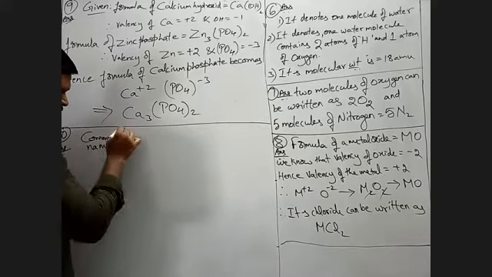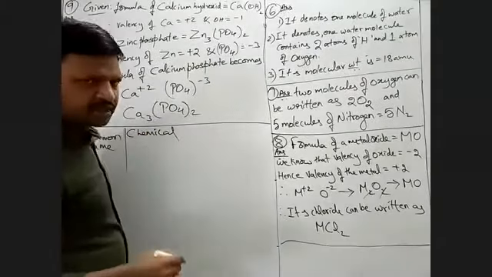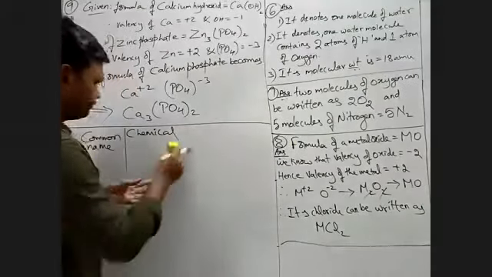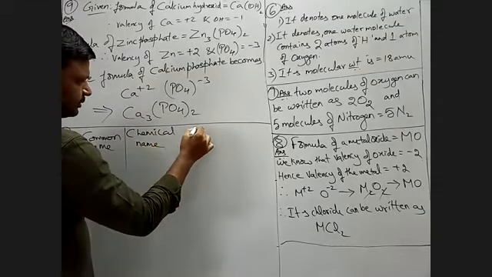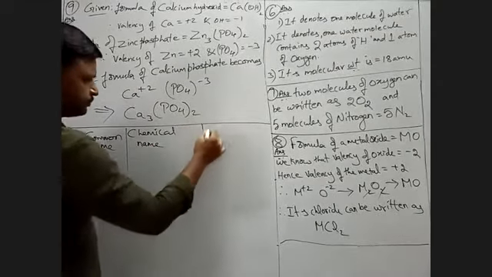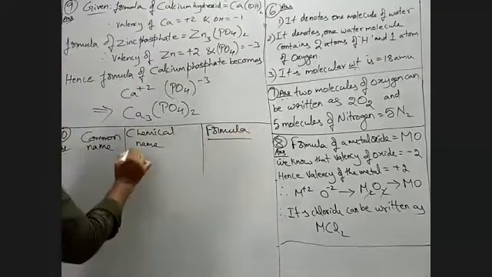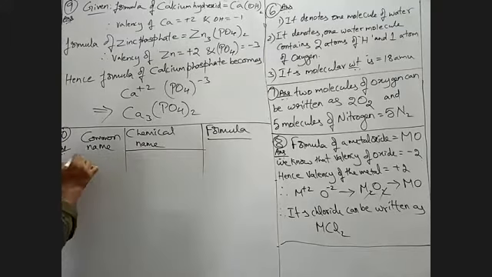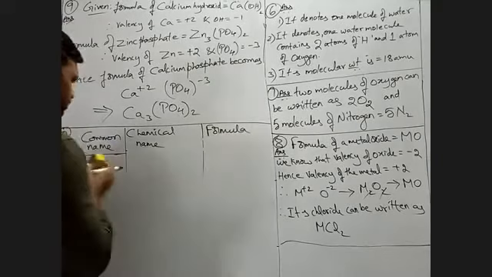I am drawing a table like partition: common name, chemical name, formula. Right? Okay. So first one, what is that?